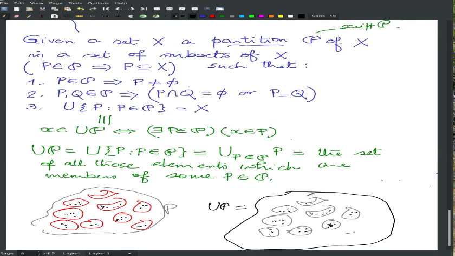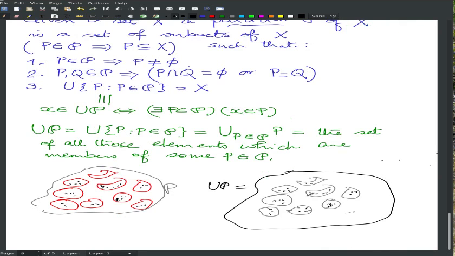So, now, doctor, the bigger bag, would that represent a set capital X? In this case, yes. But in general, when I'm speaking of a union of P, there I should actually draw some sets which are something like this also. I'm not saying that they are disjoint.